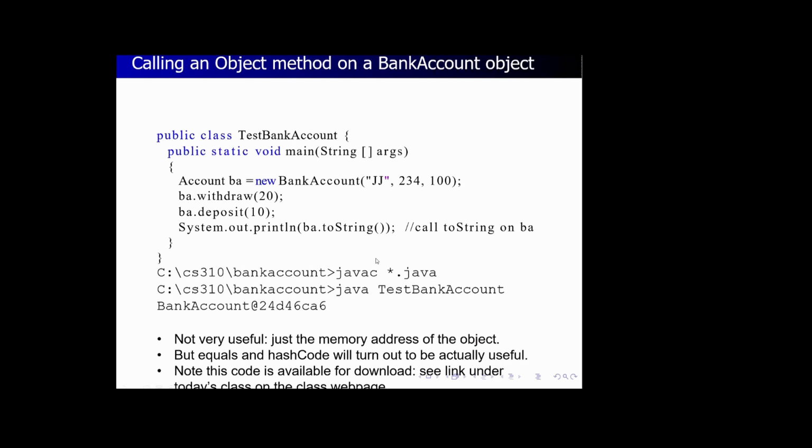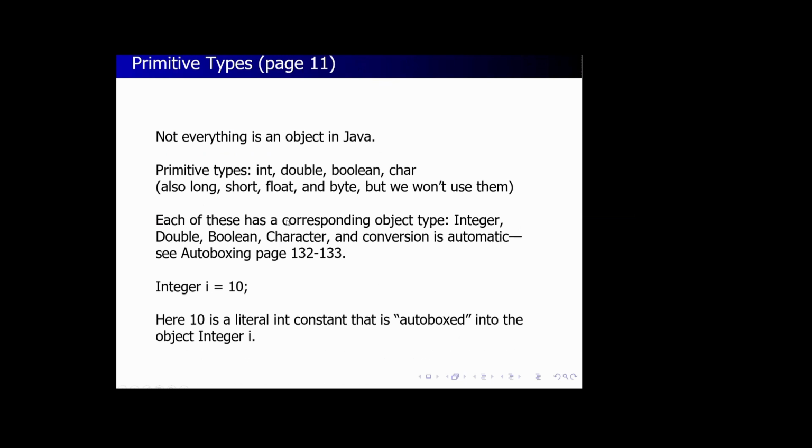Okay, so you know about the Object methods and how they're always available as long as you have a proper object. Now, just to finish this topic up, we've been talking about object types and types in general, but of course you mustn't forget about the primitive types. They're very useful, very compact, efficient. That's why they're there. And how do we work with them if we want to use objects?